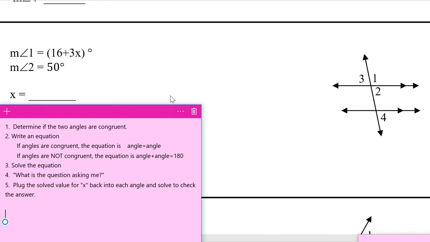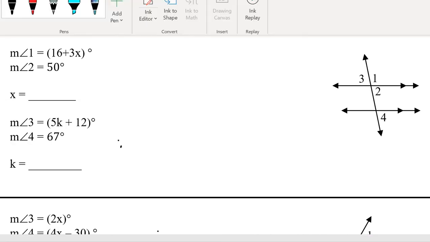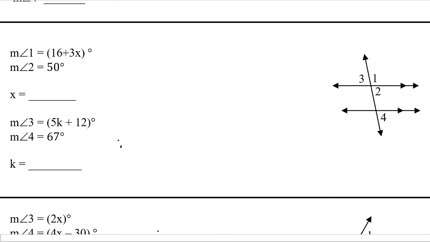I think it's going to be helpful if I write the angles in here. 16 plus 3x, that's this angle, and then the measure of angle 2 is 50 degrees. I can tell one of them is obtuse and the other one is acute. Therefore, they are not congruent to one another.